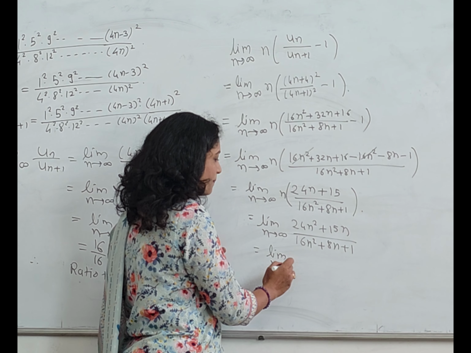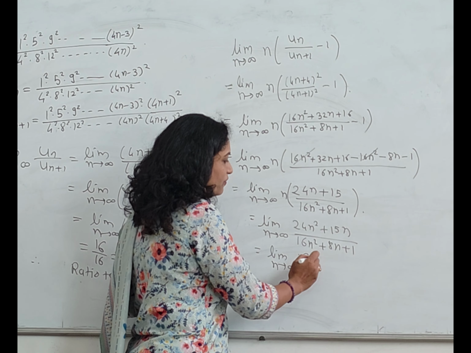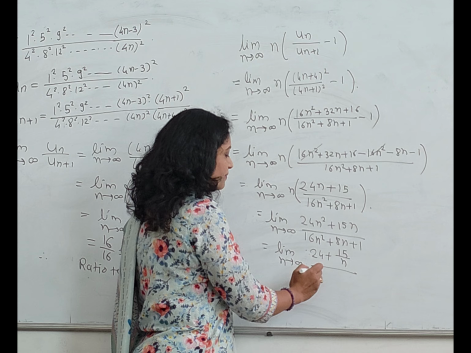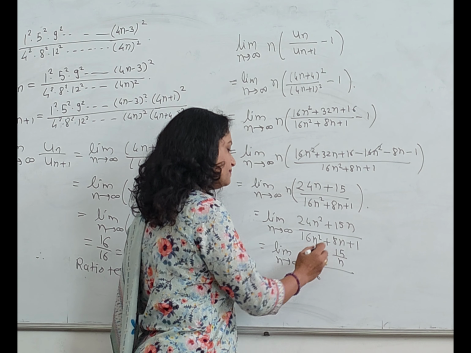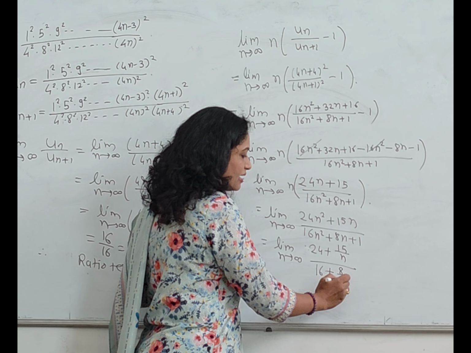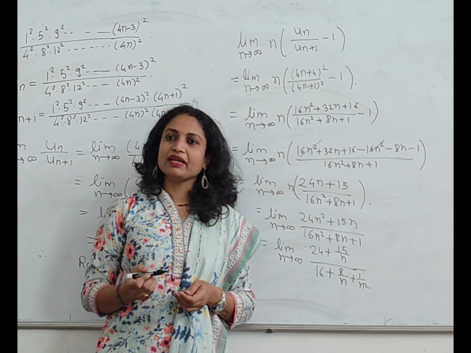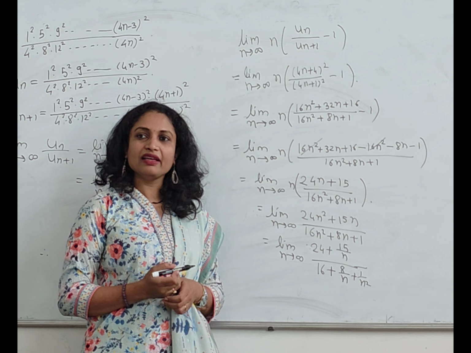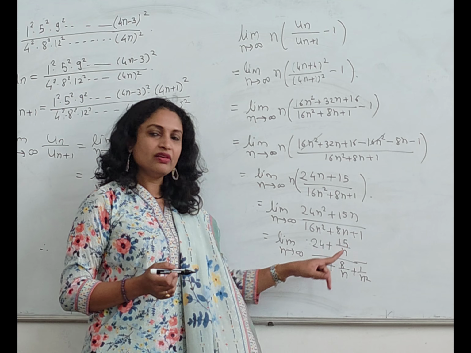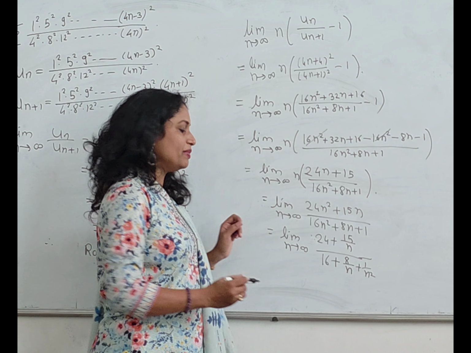Next step will be 24 plus 15 upon n, upon 16 plus 8 upon n plus 1 upon n square. Put the limit here, n is tending to infinity. So after putting n tending to infinity, this term will become 0, this is 0, this is 0. So 24 upon 16 will be the limit's answer.